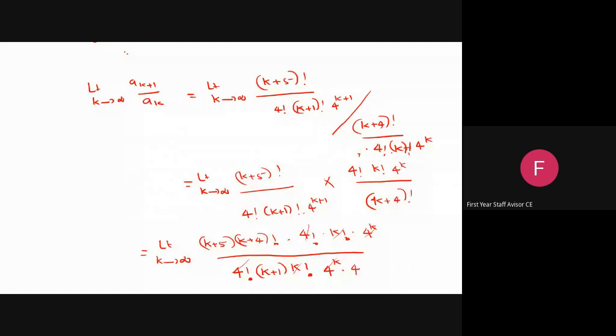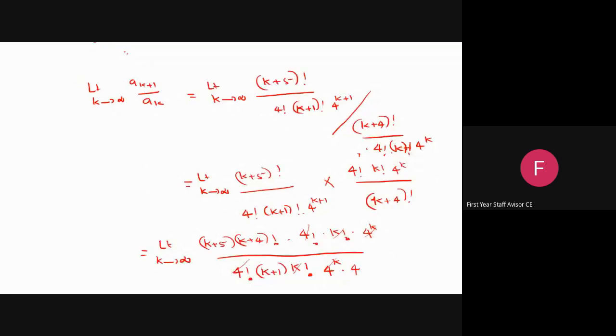Limit k tends to infinity, (k plus 5) into (k plus 4) factorial, and here also the (k plus 4) factorial term is there, 4 into, with (k plus 4) factorial remaining there.